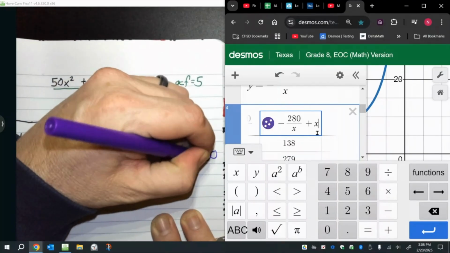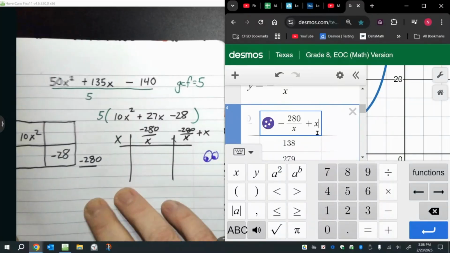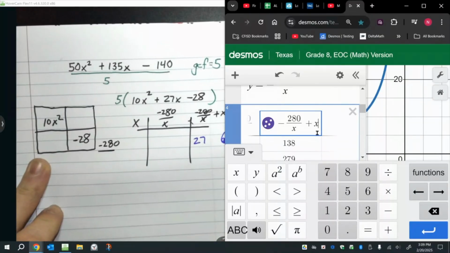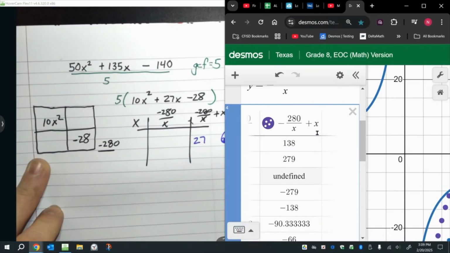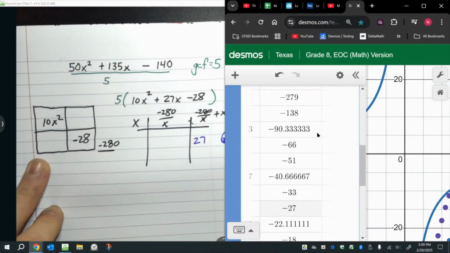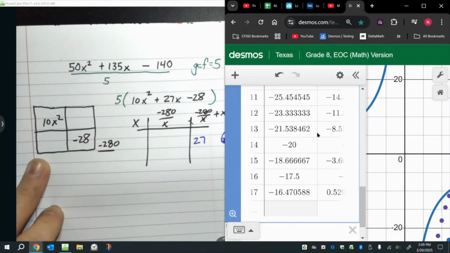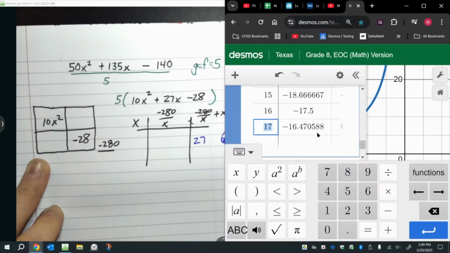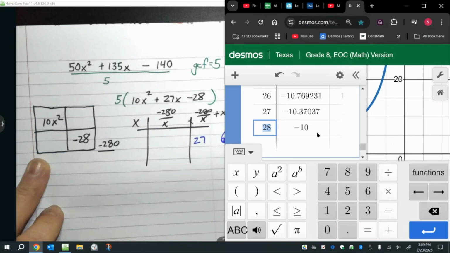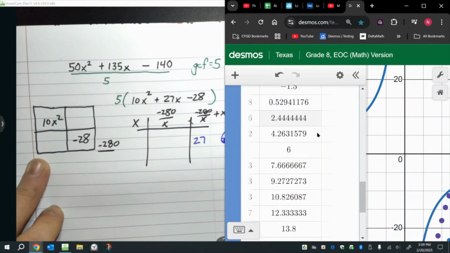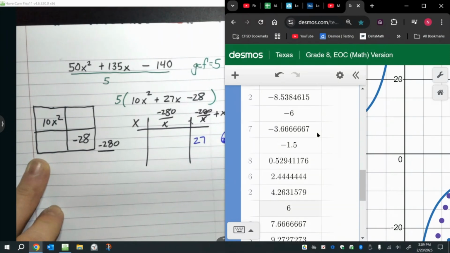Looking for my b term. Looking for my 27. Can I find a 27? Negative 27. That's probably enough. All right, keep going.